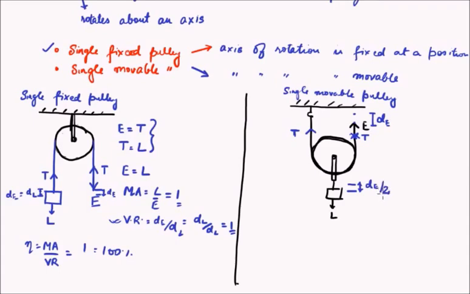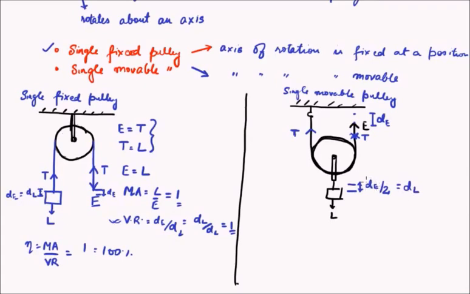Why so? Because this whole dE is distributed into two segments, and each segment is equivalent of the load being moved. So basically the distance moved by the load will be half of the distance moved by effort.